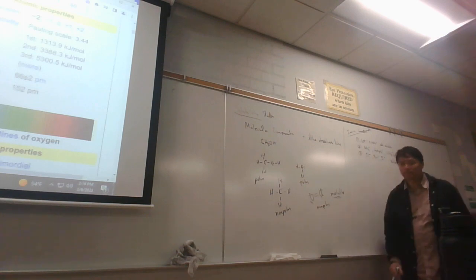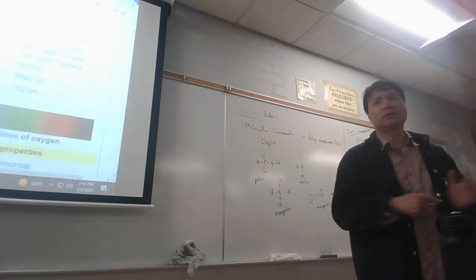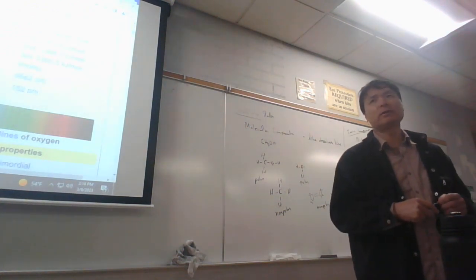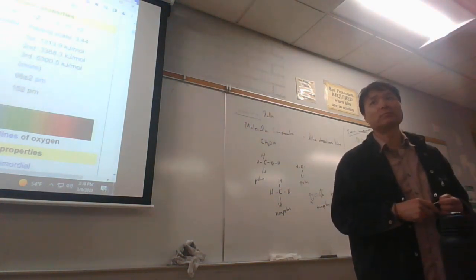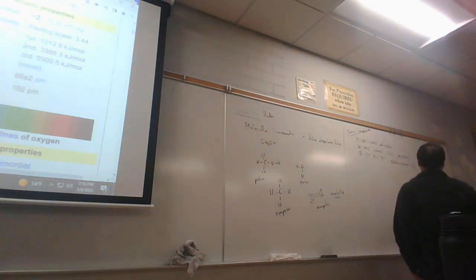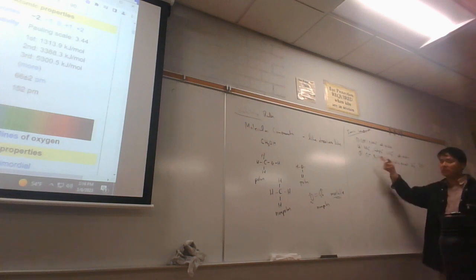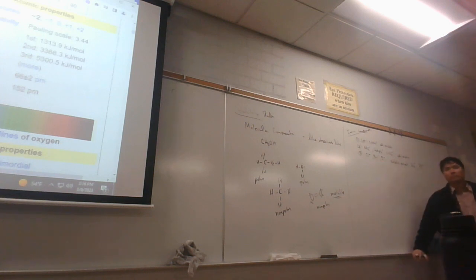Lead. What's the charge on lead? Is it fixed or variable? It's variable. And what are the two common charges for lead? 2 and 4. It turns out it's just lead 2. Lead 4 chloride is actually soluble. And mercury.